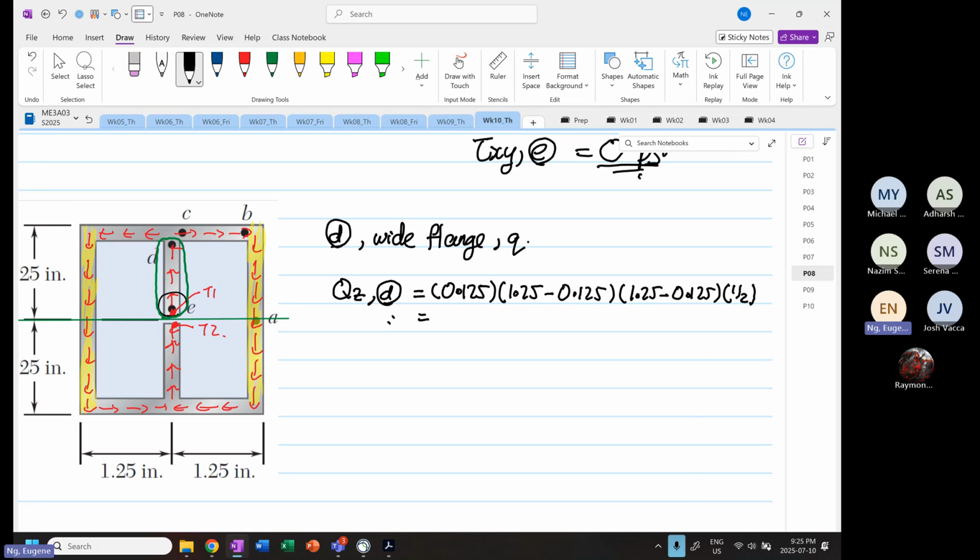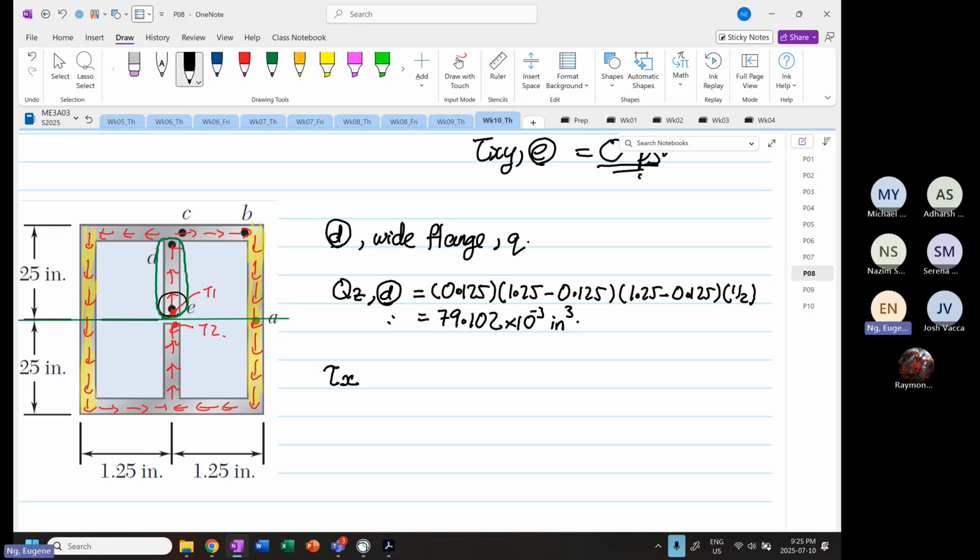I get 79.102 times 10 to the power minus 3 inches cubed. Let me do it again. 1.25 minus 0.125 squared times 0.5 times 0.125. 79.102.